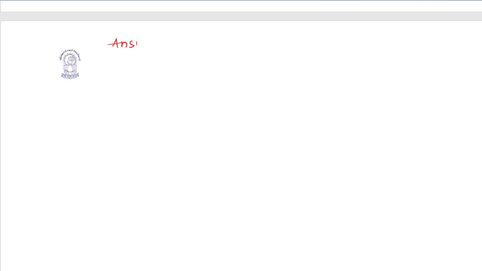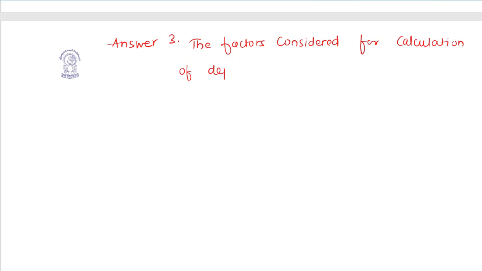Answer 3. The factors considered for calculation of depreciation are as follows.